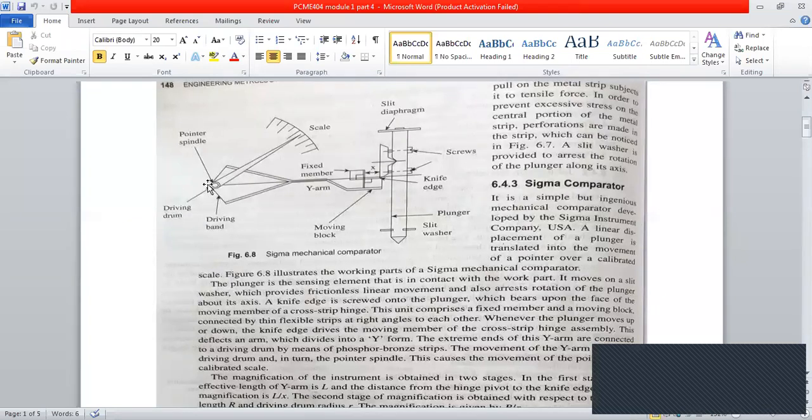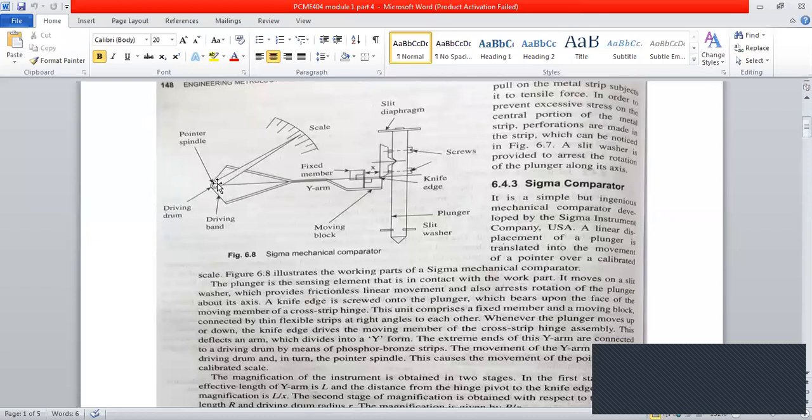Here we can see the driving drum and pointer spindle. This can rotate throughout the spindle. This is called the pointer spindle. Actually, this is a circular scale, one type of protractor.